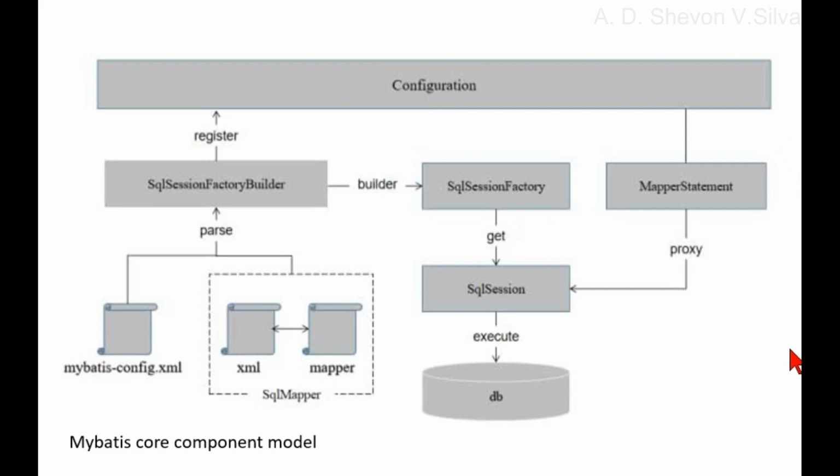The mapper proxy factory returns the actual proxy object after dynamic proxying of the mapper interface.